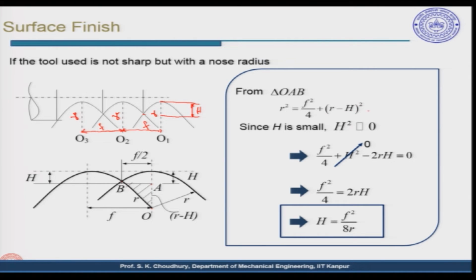From this equation you can find out that since h is very small, h can be almost equal to 0. So, if you open it up, h square you ignore, and you will have the value of h, which is the surface roughness, equal to f square by 8r.